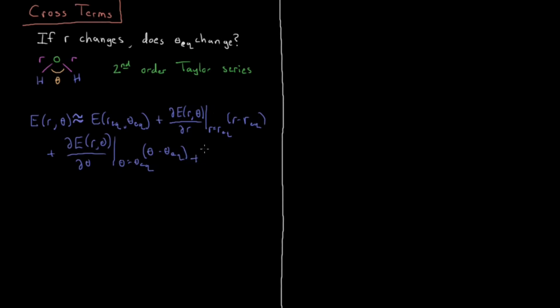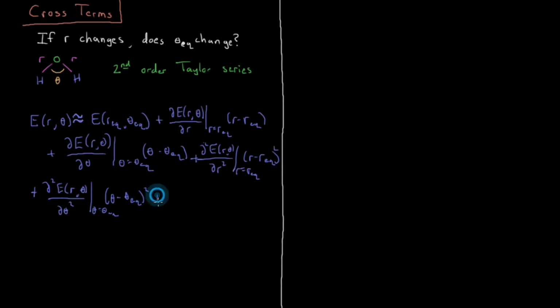First term, the second derivative of E with respect to r, evaluated at r equals r EQ, times r minus r EQ squared, plus the same term for theta, the second derivative of E with respect to theta, evaluated at theta equals theta EQ, times theta minus theta EQ squared.